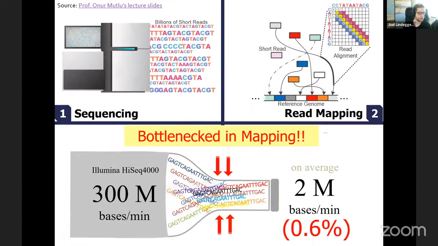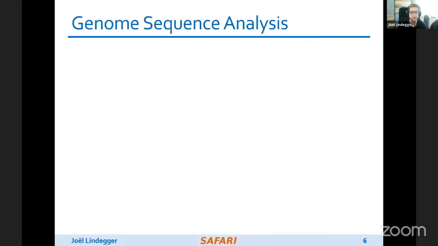The throughput of a sequencing machine in bases per minute is much higher than the computational throughput of mapping. So we can generate data faster in that machine than we can analyze it computationally. So clearly we need some kind of acceleration of the mapping process.